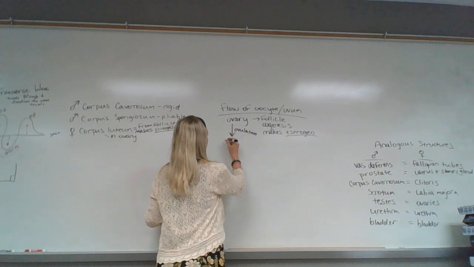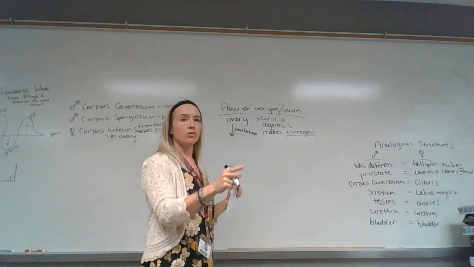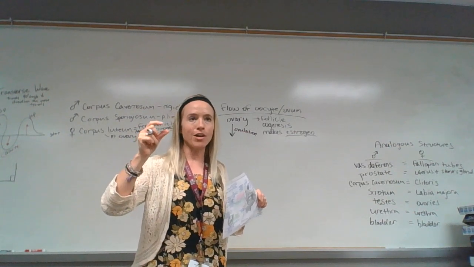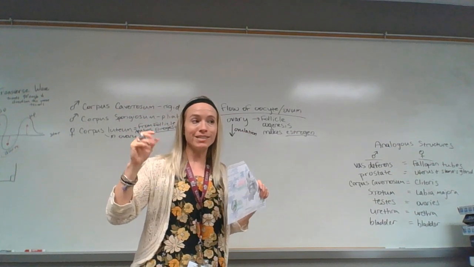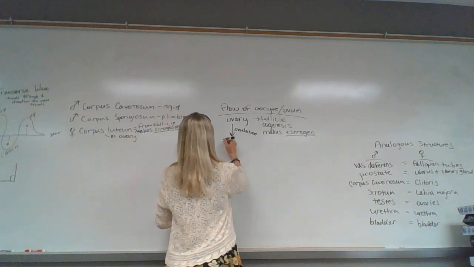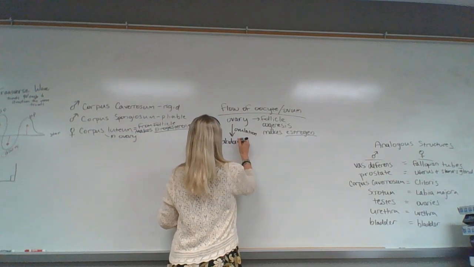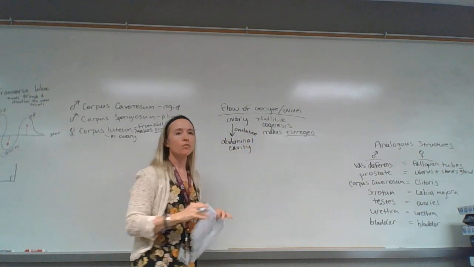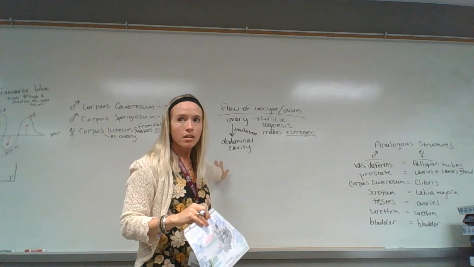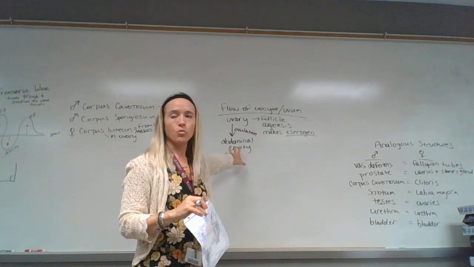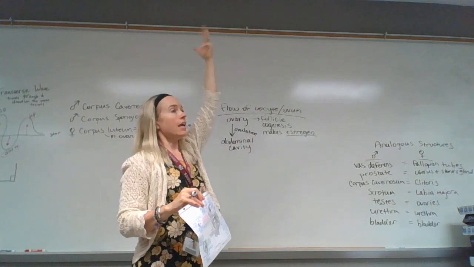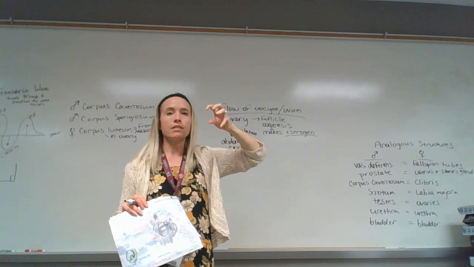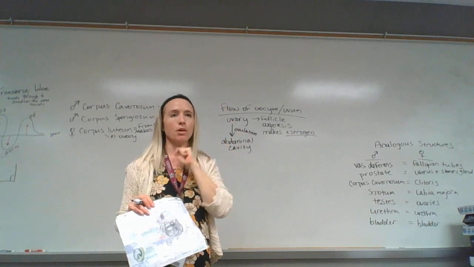From the ovary, it is not going to go into the fallopian tube directly. Technically, it goes into the space between the ovary and the fallopian tube, which is the abdominal cavity. There are some very rare medical occurrences where the egg incorrectly goes into the abdominal cavity and it gets fertilized and it attaches in the abdominal cavity.